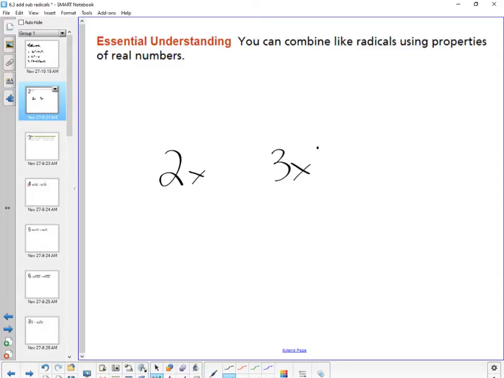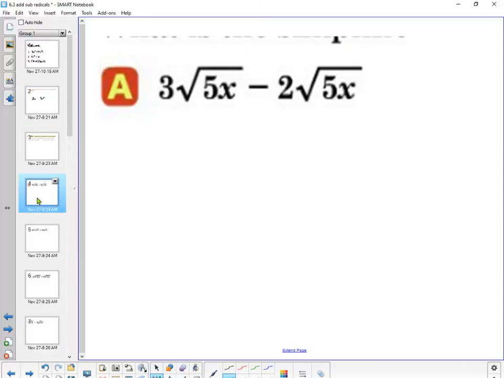So what if I have 2x and 3x squared? Can I add these? No. Can I subtract these? No. So as we go into these problems, I want you to treat radicals like you would a variable. Look at the radicals. They're the same, right?